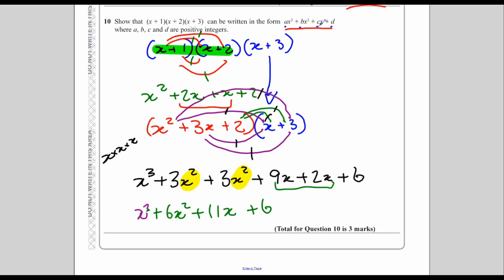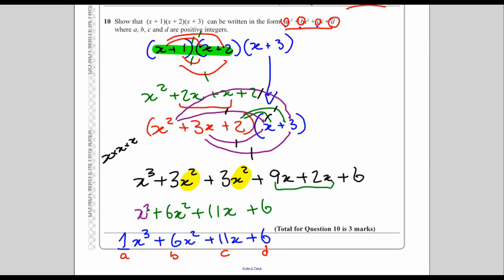So show it can be written in that form. Okay, well let's just do one more thing to let the examiner know we know what we're talking about. It's 1 lot of x cubed plus 6 lots of x squared plus 11 lots of x plus 6. And we can label how we wanted it: A, B, C, D. The 1 is the A, 6 is the B, 11 is C, and 6 is D. Great.